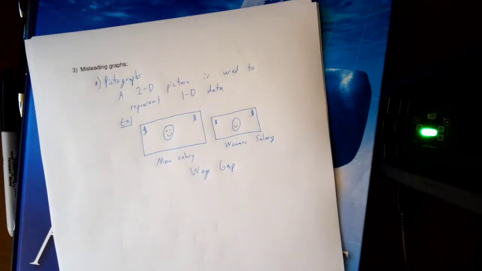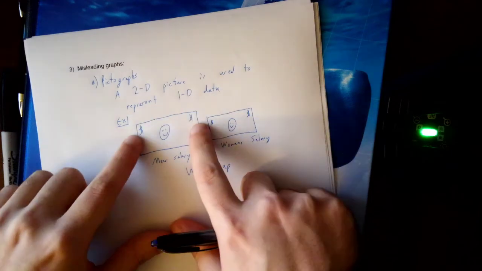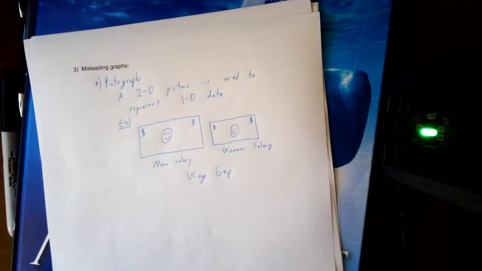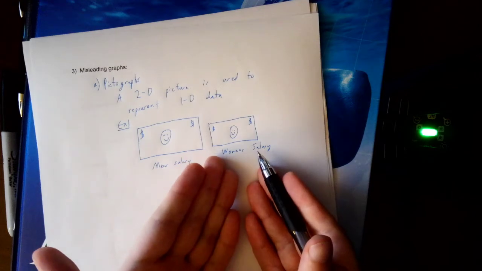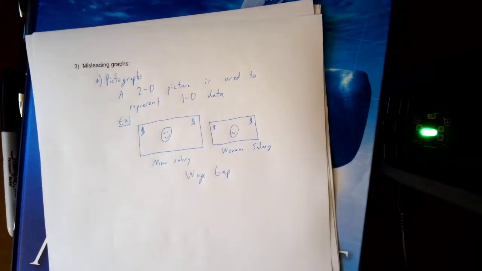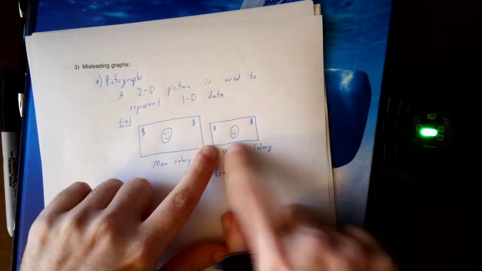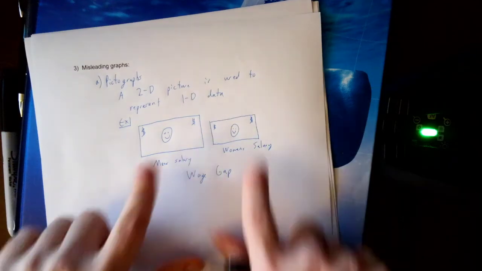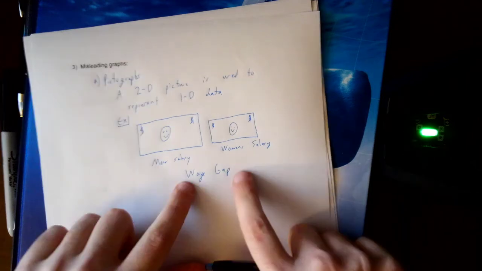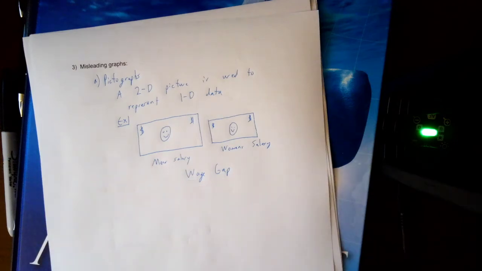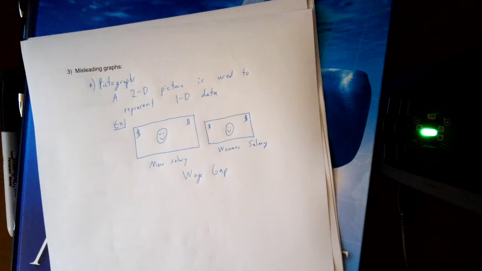Using these pictures to represent, scaling the top down, like if the data here is saying that a woman makes 75 cents per dollar a man makes for the same work, I scaled the edge down to be 75%. The area here does not represent the actual numbers. The picture is misleading us. The information is true, right? The wage gap is a real problem, but the pictures themselves are misleading us, unfortunately.